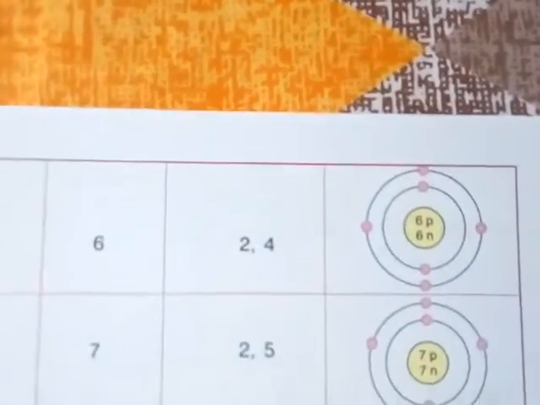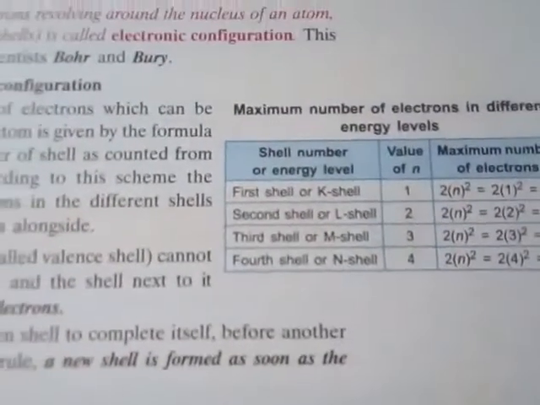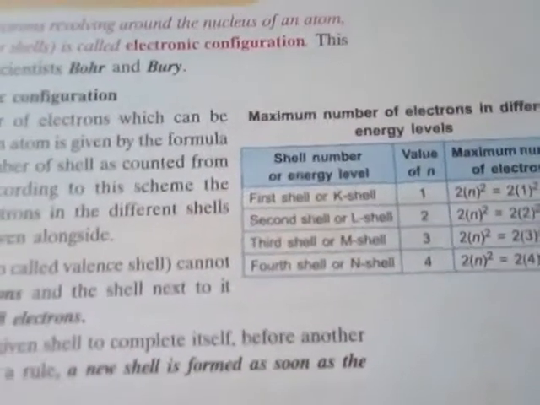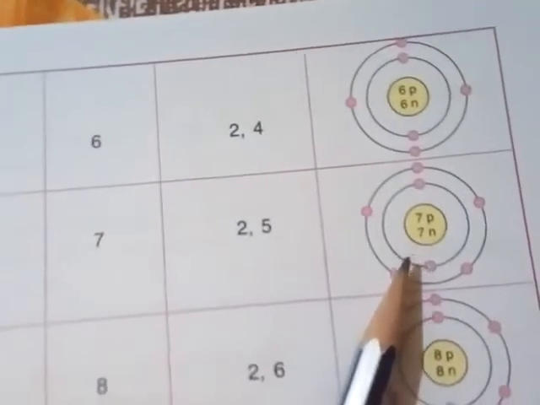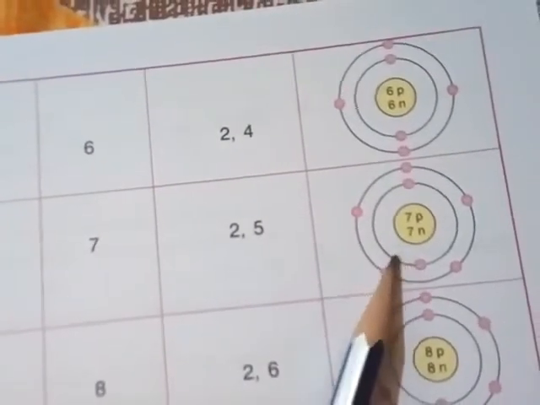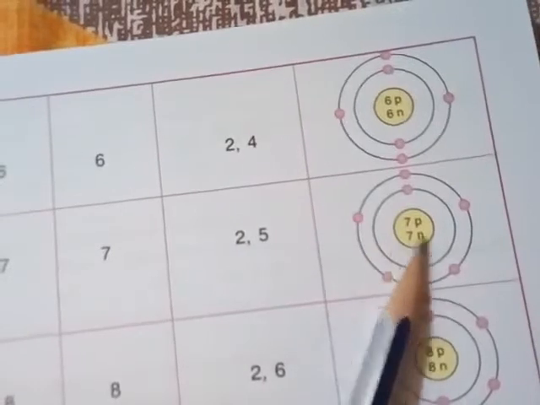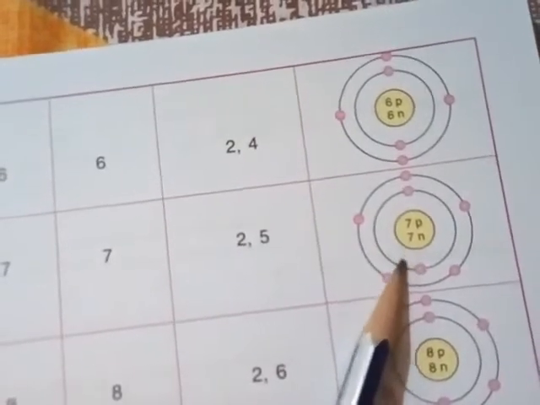According to Bohr-Bury rules, the first shell, which is very close to the nucleus, Bohr and Bury defined as the K shell.